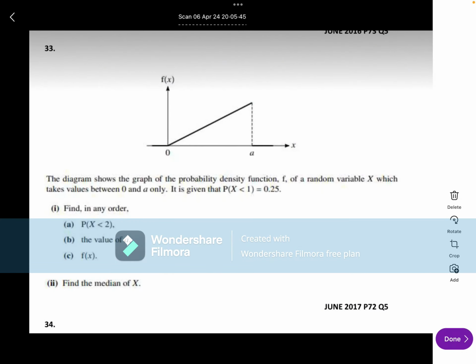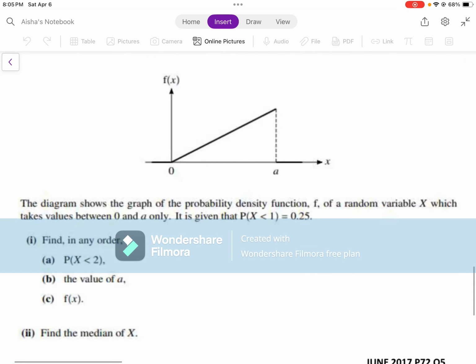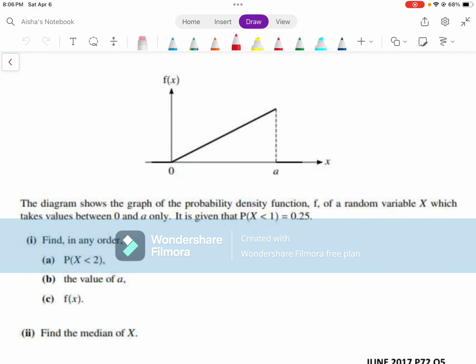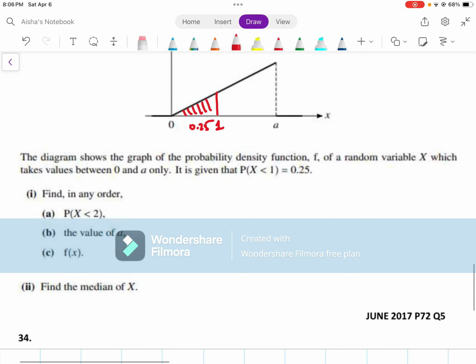Okay, now the first question says find in any order the probability that x is less than 2, and what they've given us is that x less than 1 is 0.25, which is the area. So can I say this is a triangle, so half into the base, which is 1, into the height, which is h, equals 0.25.